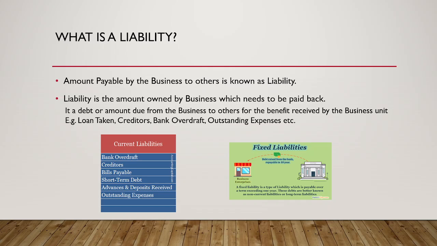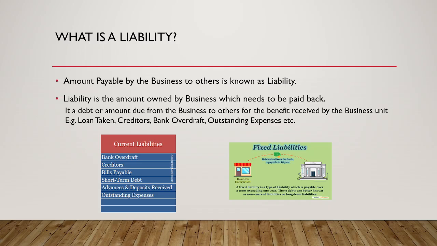It is a debt or amount due from the business to others for the benefits received by the business unit. Example: loan taken, creditors, bank overdraft, outstanding expenses, etc. So today, if you are using your credit card, it is a liability because you have to make the payment in future.